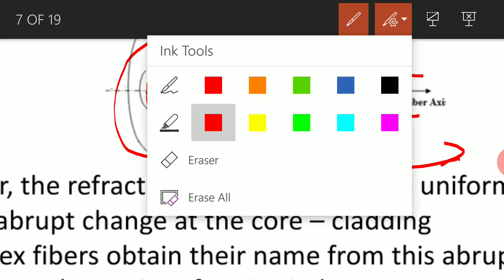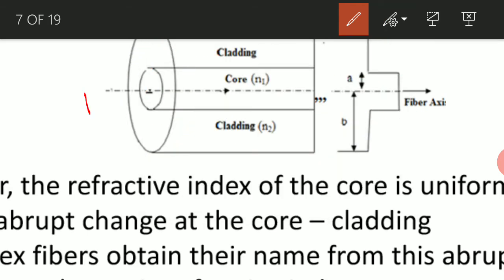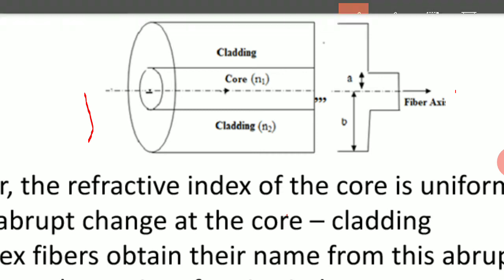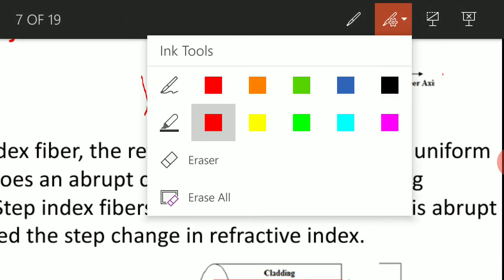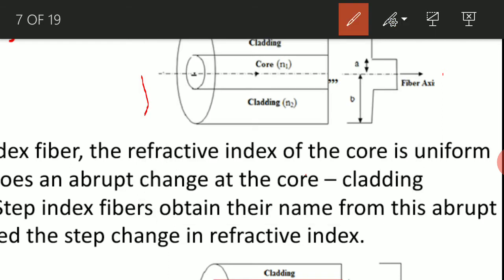So this we can show it here. From the cladding, as we move towards the core-clad interface, this is the core-clad interface, we observe that there is a step change in the refractive index.